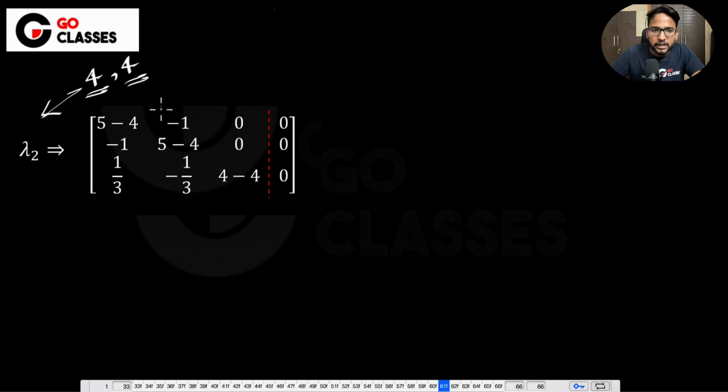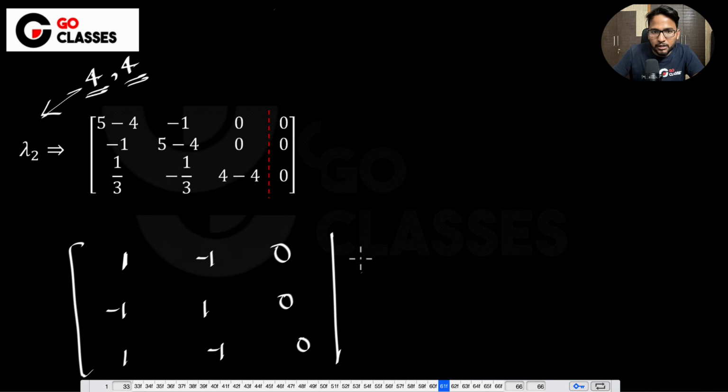So if you do it, then probably let me do it quickly. This will be 1, minus 1, 0, minus 1, 1, 0, and then you can multiply by 3. It will be 1, minus 1, 0, right? Okay, this is 0, 0, 0. Now you notice here, I think you can add both of these rows, and then this will be 0.